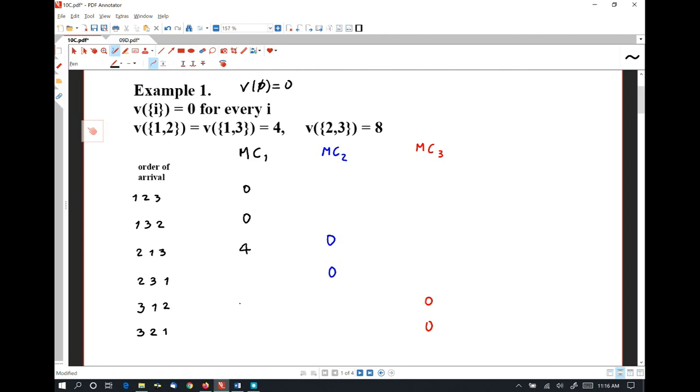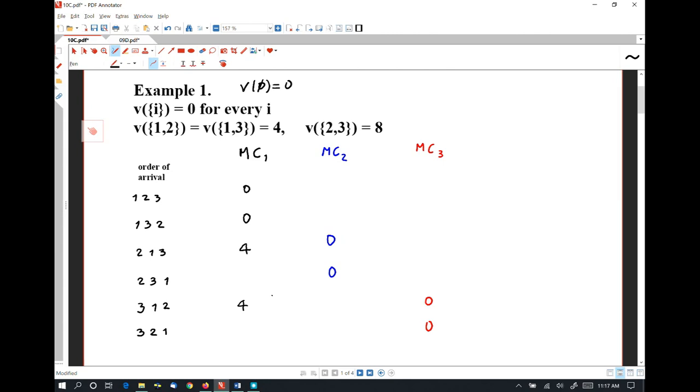When player 3 is there first, the value is 0. Then player 1 comes and the value jumps to 4. So player 1's marginal contribution is 4. And now let's look at the order of arrival 2, 3, 1. When 2 and 3 are there, it is 8. And what is the marginal contribution of player 1?